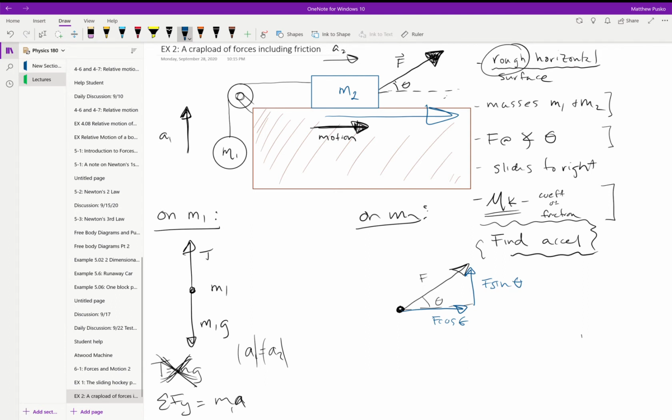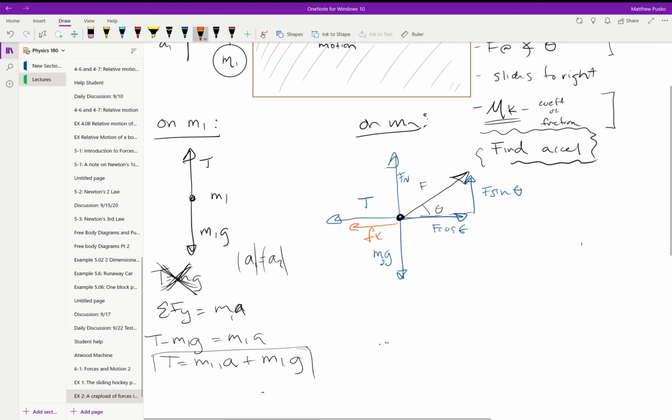We have a tension going to the back, going this way. We also have m2g going down, and some normal force going up. Now they told us it's also a rough surface, so we have some frictional force going back also. So let's sum all the forces in the x and y direction on this.